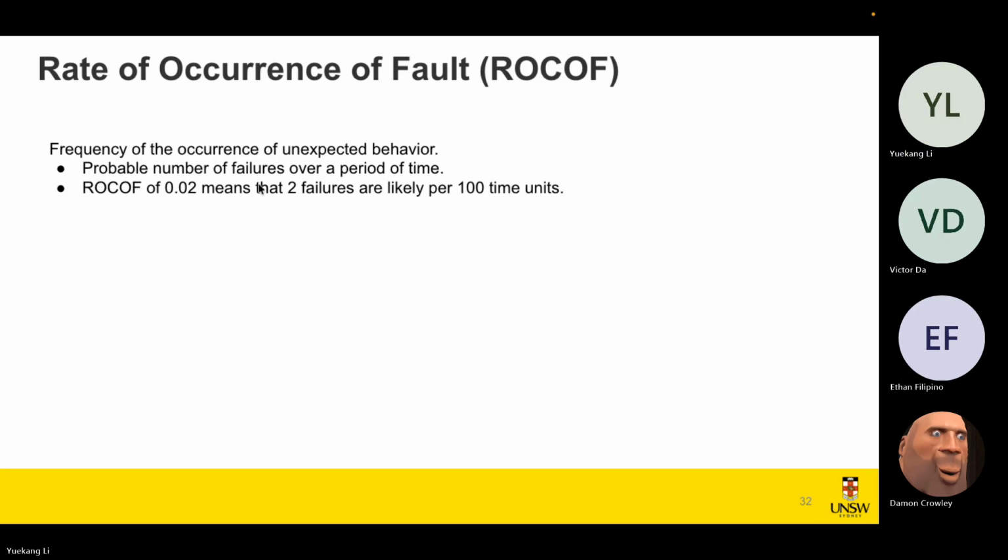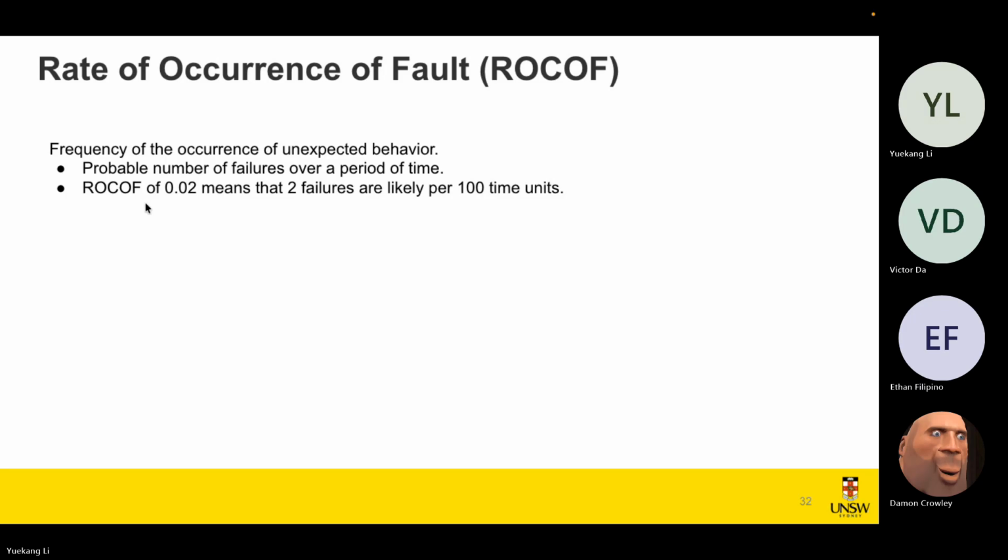This one here, we just use it to measure the probable number of failures given a period of time, but we don't limit the number of total requests.